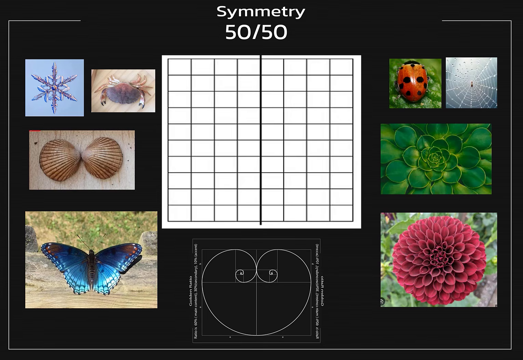But I would say 70-30 is on one side and 50-50 is on the other side, and in between is something you can play around with as well. Symmetry can also be used as a tool, because if you need something that doesn't look as interesting to make something else stand out, you can definitely use that as a tool.